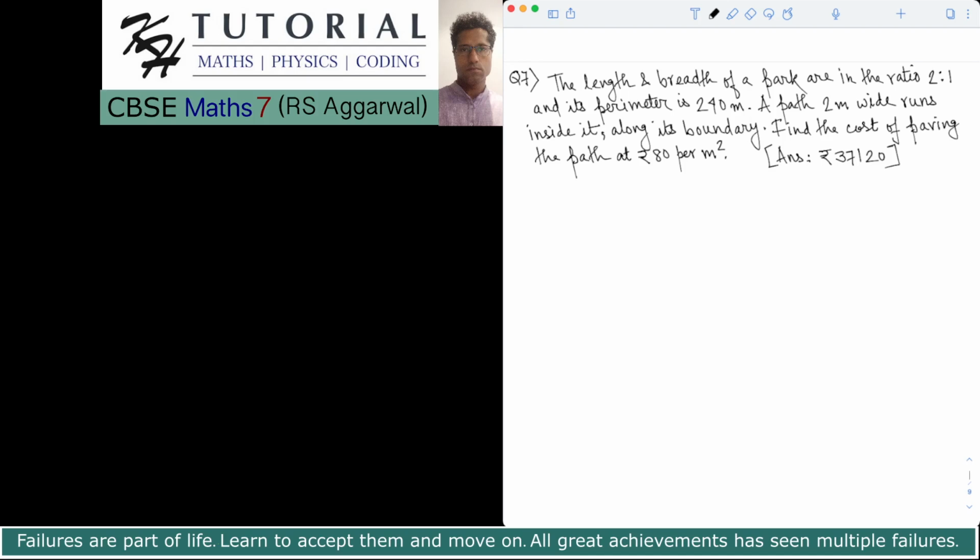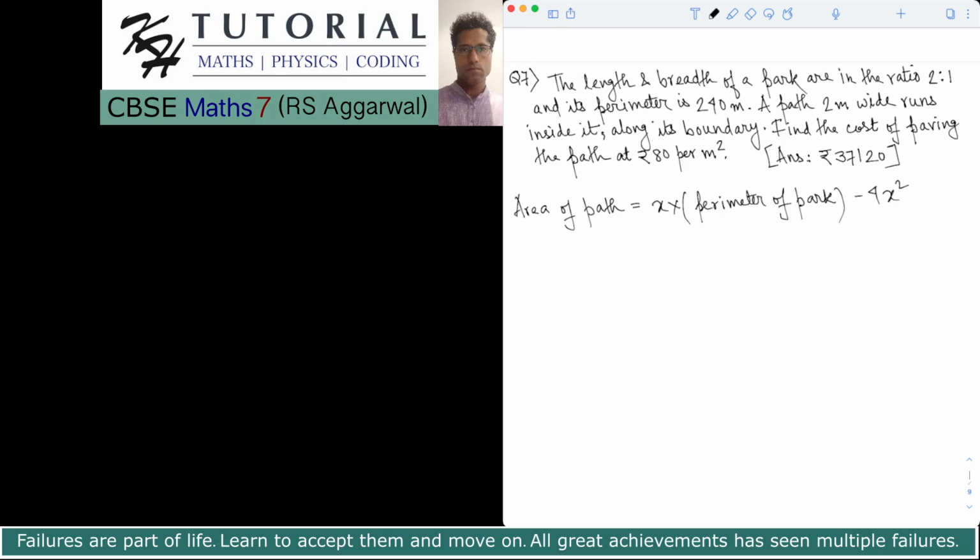Since the textbook does not discuss any direct formula, the area of the path, since the path is inside the park, will be x multiplied by the perimeter of the park minus 4x square.